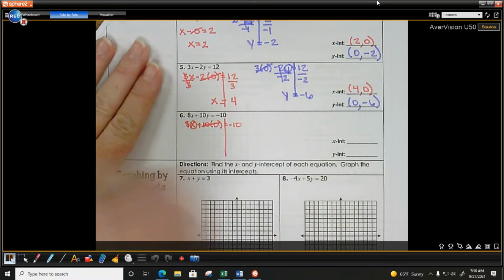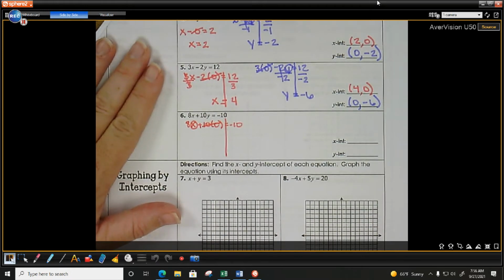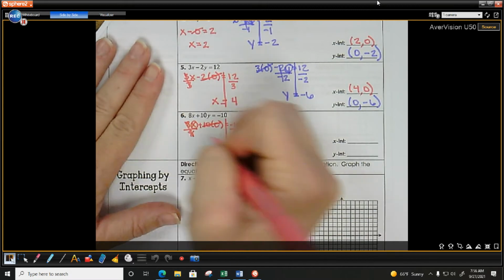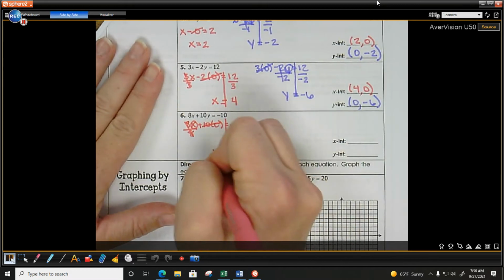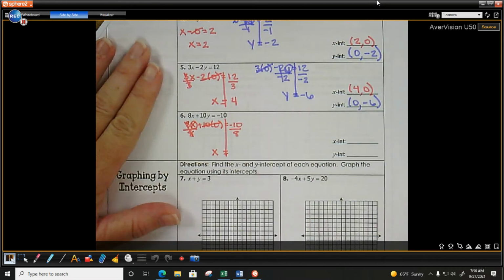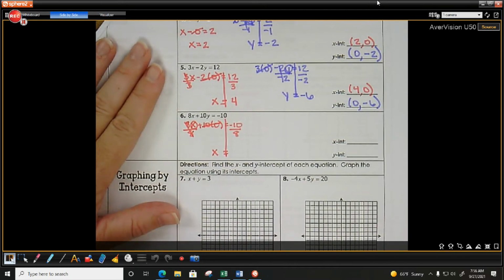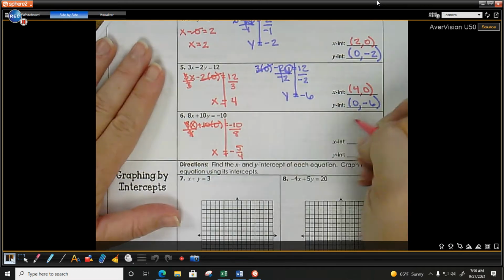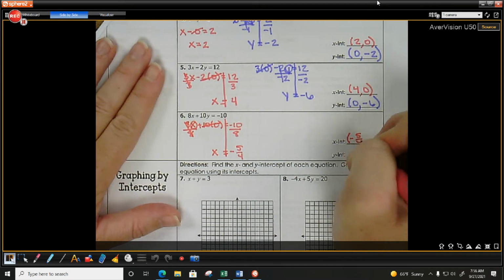How do I get the x by itself? Divide both sides by 8. So the 8 over 8 cancel and I get x equals. Type this in your calculator and do math enter. And what do we get? -5 over 4. So my x-intercept is -5/4, comma 0.